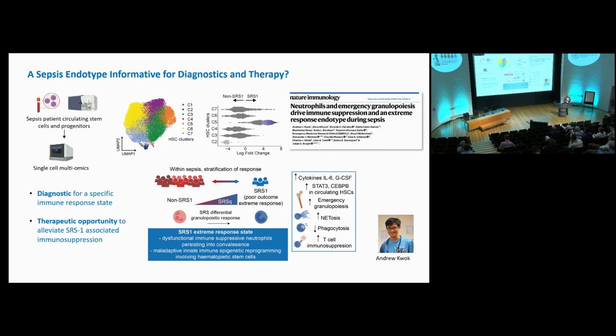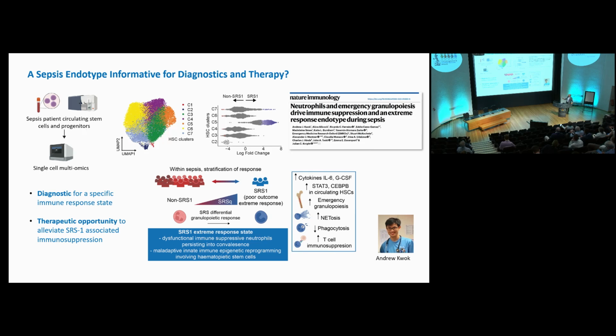So as a way of trying to look at what might be happening in the stem cells in the bone marrow, we looked at circulating stem cells, and we were able to look at clusters of those stem cells. They're very rare, but it's possible to enrich them, and we found that in these poor outcome patients with a particular subphenotype, SRS1, there was enrichment of a particular cluster of these stem cells.